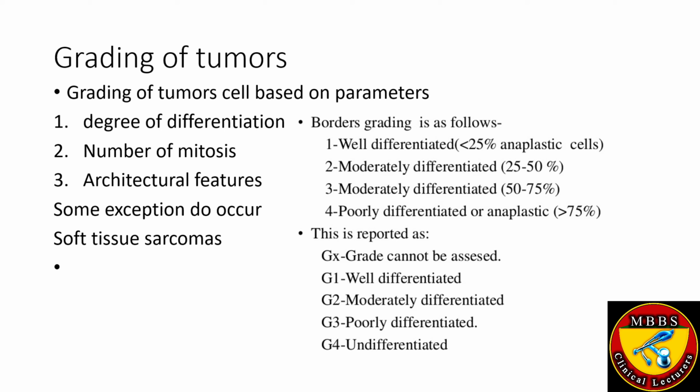In case of the sarcomas, parameters like degree of differentiation, number of mitoses, and architecture patterns are completely unhelpful, and these parameters are usually not helping the pathologists in grading these soft tissue sarcomas. So we will choose the other option in case of the soft tissue sarcomas.